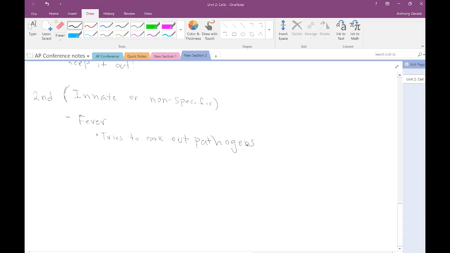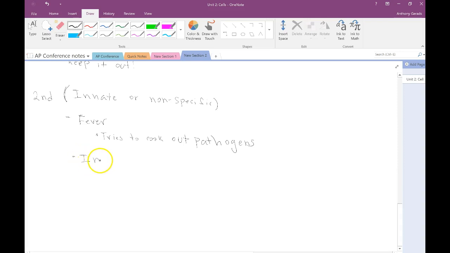So that's a second line of defense. It doesn't care what it was, it just says something bad is, we've breached our first line of defense. Intruder alert, stuff's inside of me. Let's try and cook it out. Okay? And if that doesn't work, it says, let's flush it out.